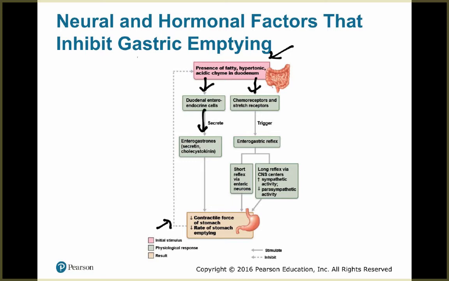They're going to secrete CCK or secretin, and that's going to reduce contractile force on the stomach and reduce the rate of stomach emptying, and the amount of gastrin produced as well.